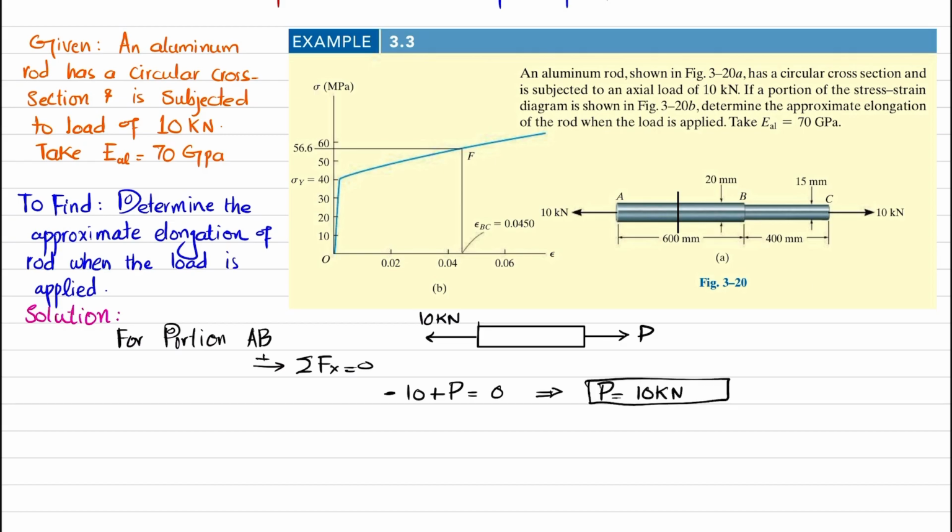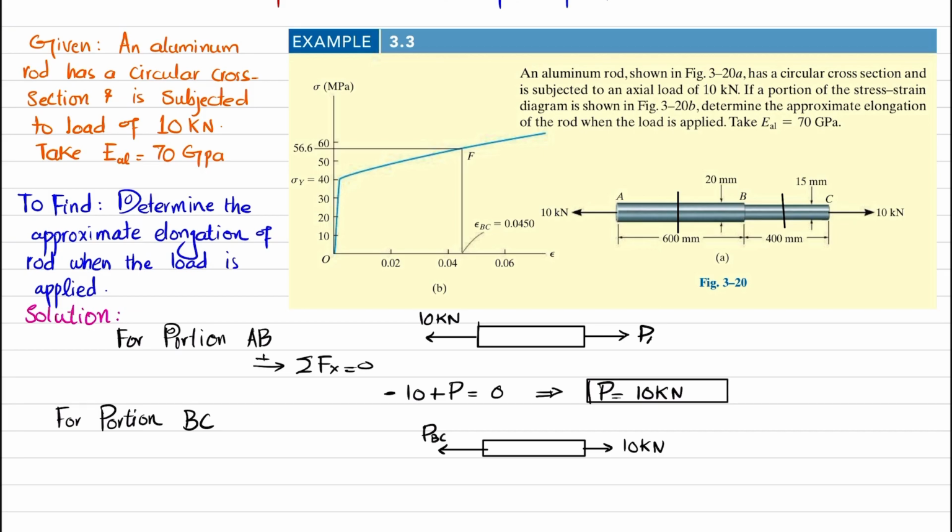Now we will find the same load for portion BC. For portion BC, you will cut this portion and draw the free body diagram. It will be the same. Here you have a load of 10 kilonewton. Clear? So let this load be PBC.